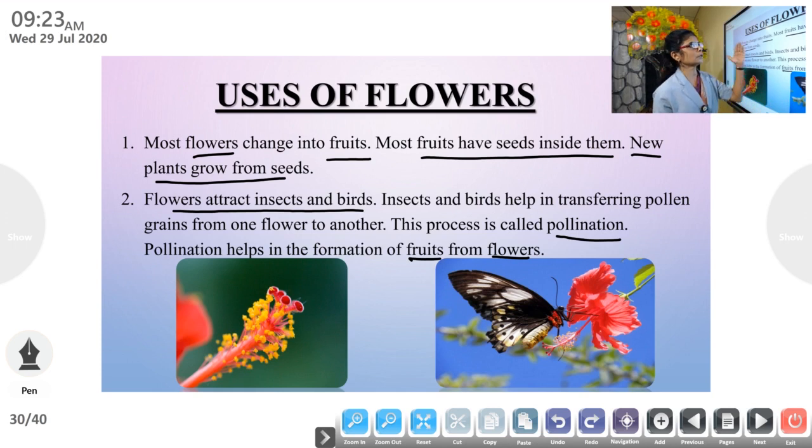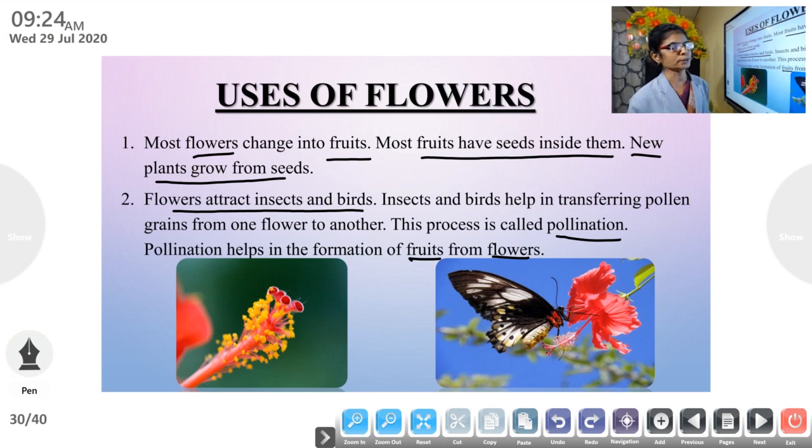Once more, listen. What are the uses of flowers? Most flowers change into fruits. Most fruits have seeds inside them. New plants grow from seeds. Most flowers have attractive colors to attract birds and insects.